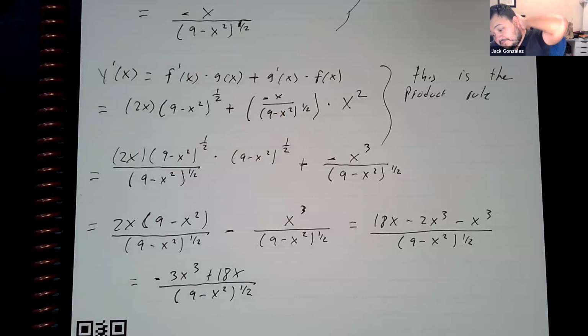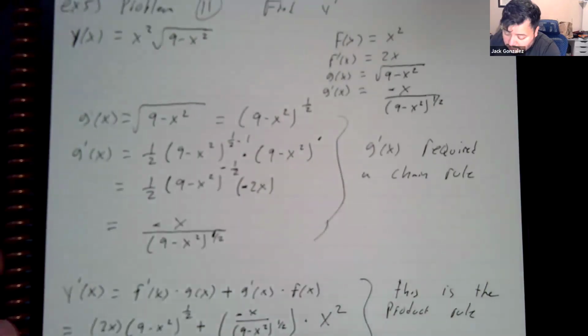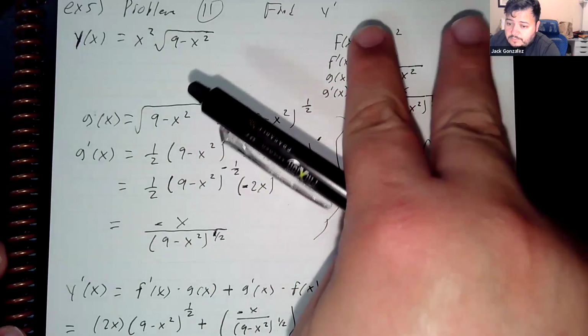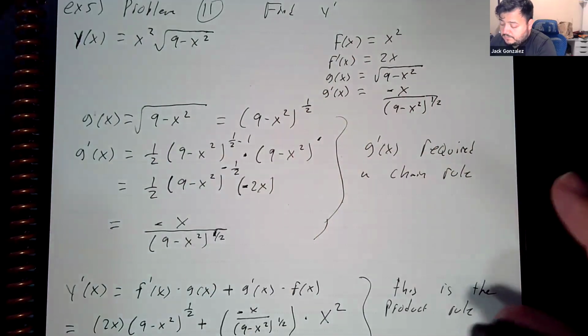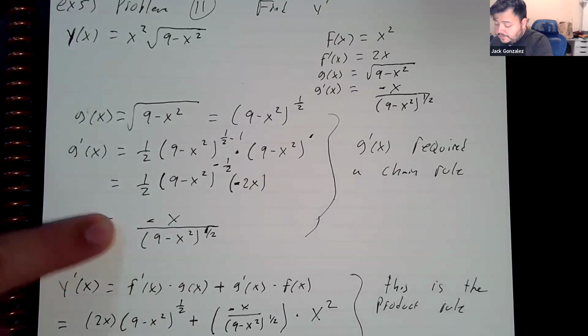Any questions on this? It's one of the harder ones. It's like the last question or two. But do you see that we had two functions here? So we have to set up a product rule, but during the product we have to do a chain. Once we have the chain result, we could plug it in into here.